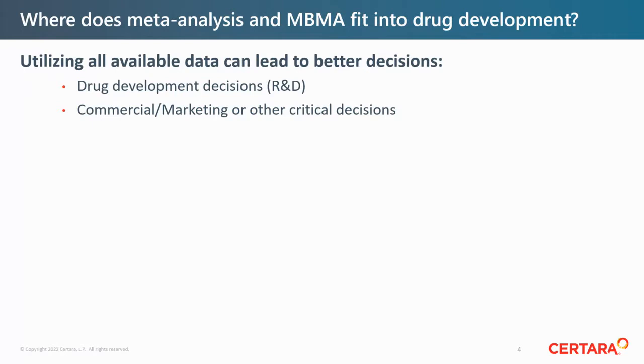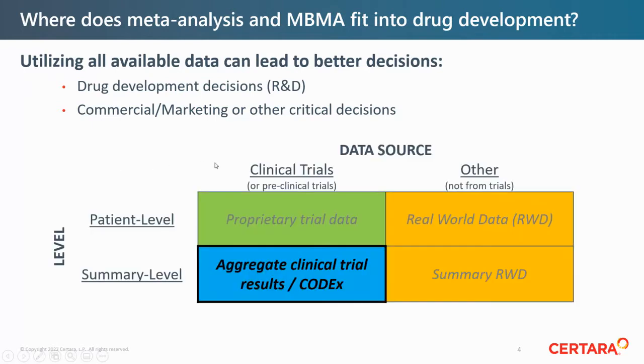And that can lead to better decisions around drug development, around commercial, marketing, or really any other critical decisions you might have. But what are the data sources that we're using for these helpful analyses to help with our decisions? This is a very simplified 2x2 box to kind of chop up potential data sources into 4 categories.